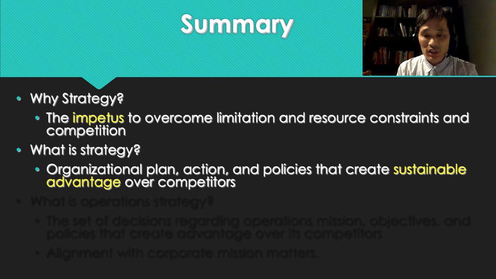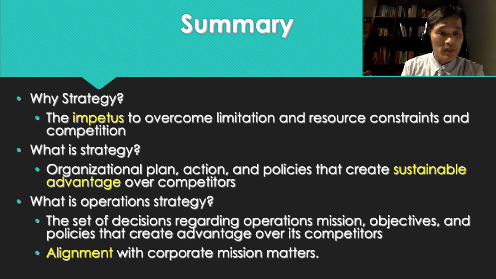Strategy was defined as an organizational plan, action, and policies that create sustainable advantages over competitors. And we learned characteristics of sustainable advantages: it has to be inimitable, valuable, and non-substitutable. When a company's advantage has those characteristics, it's sustainable.